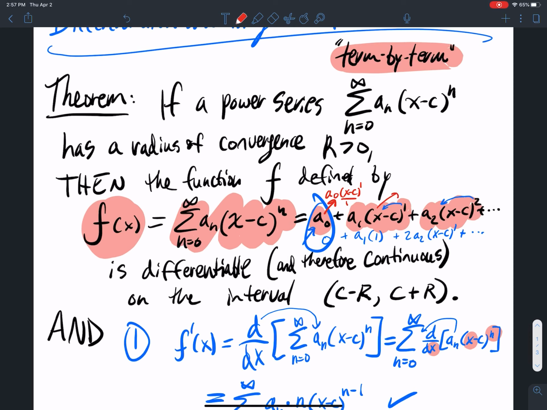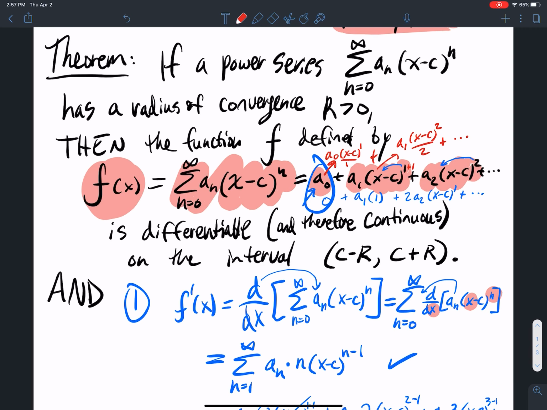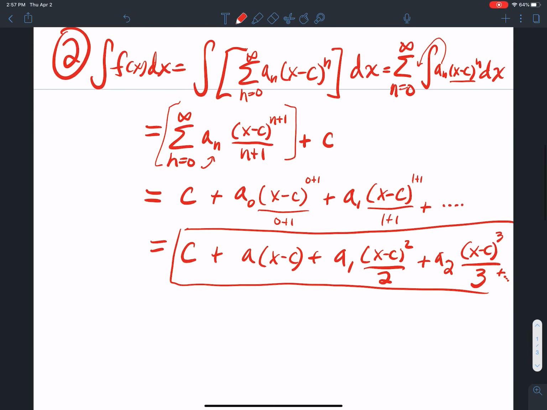When I integrate a1, I get a1 (x minus c) to the 2: I add 1 to the exponent, and then I divide by it. And then I just keep going, so I integrate each term individually. But also when you integrate, you have that first plus c there. So you only need one plus c. All the other constants of integration are absorbed into that one plus c.